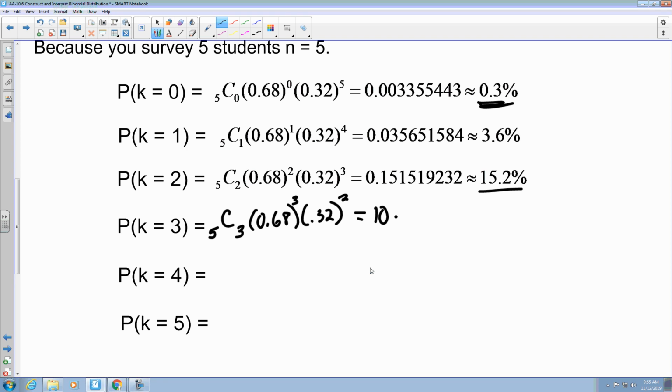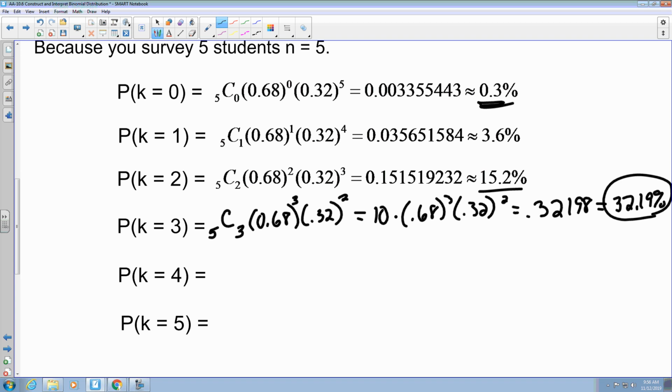I get 0.3298, which is about 32.19%, we'll call it.